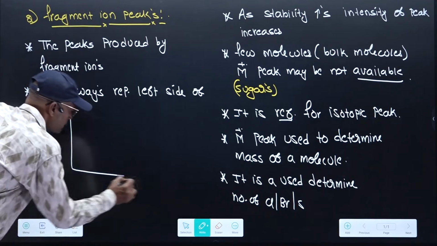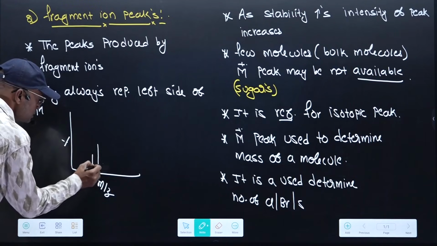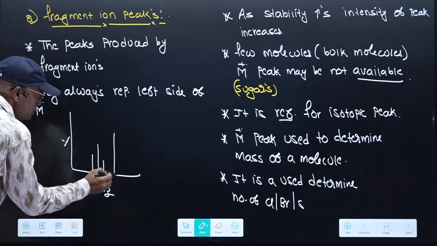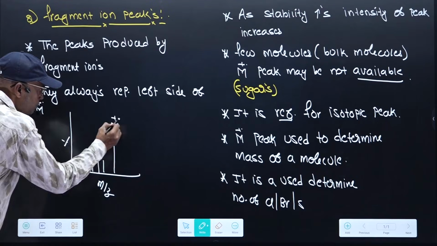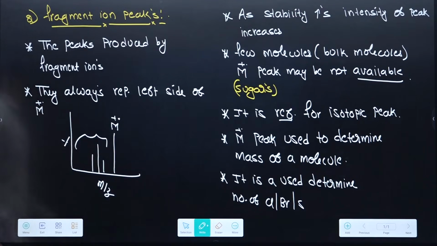See, this is a mass spectrum. Here is the m/z value and the percentage of intensity. These are the peaks which appeared. Suppose I think this is the molecular ion peak, then the ions or peaks on the left side belong to fragment ions.